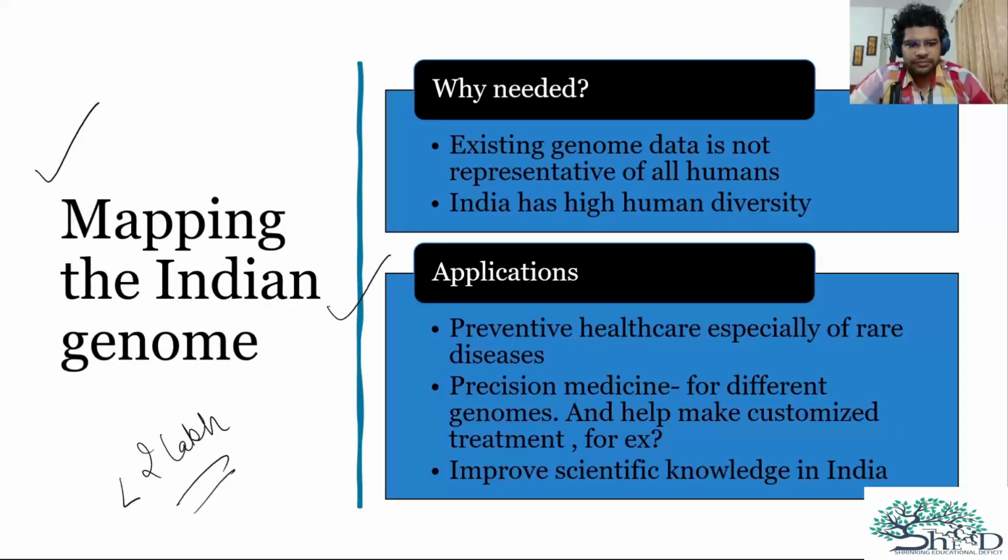For example, there is a community in Andhra Pradesh, the Vysya community. This community in Andhra Pradesh has a specific genetic mutation that basically makes them susceptible to a category of anesthetics.